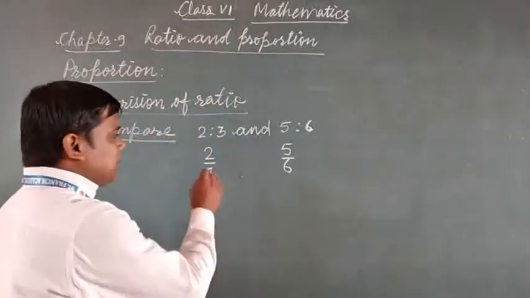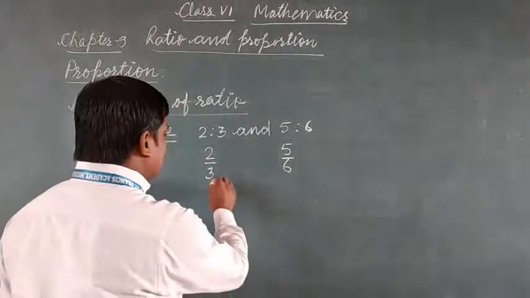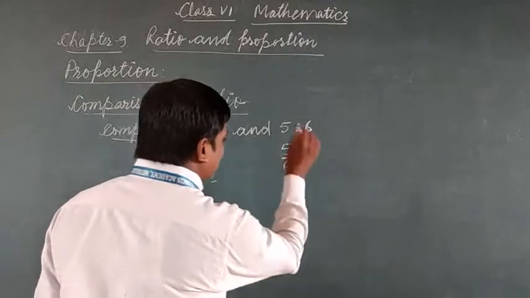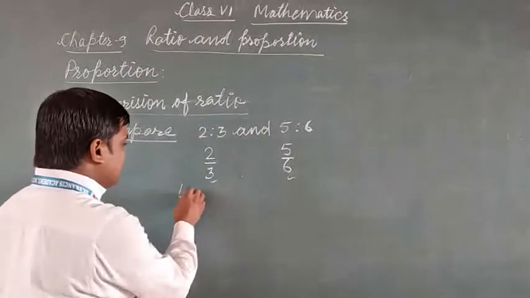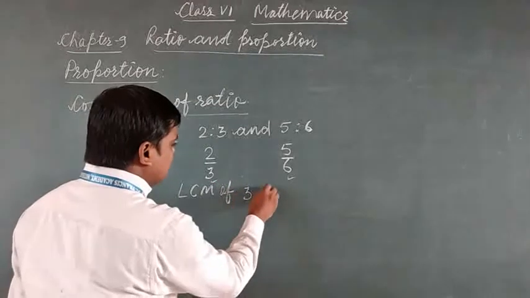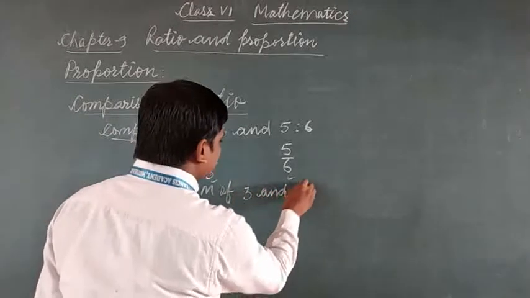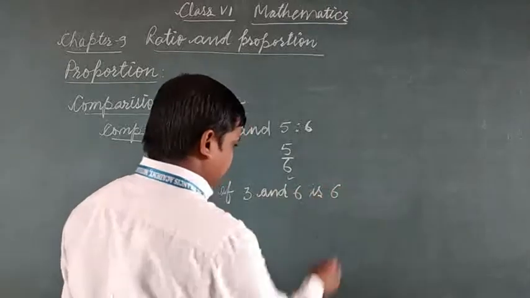So to make like fractions, we have to calculate the LCM of the denominators of both the fractions. So LCM of 3 and 6 is 6.